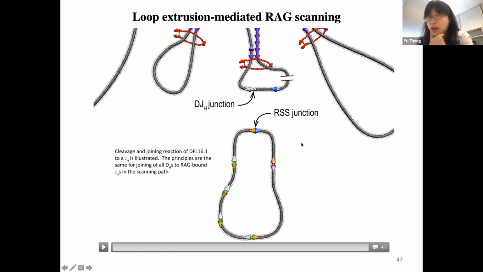For example, if you have a defect in cohesin or its regulators, then it will be highly related. Yeah, it's not just RAG, it's a lot of the other proteins and molecules involved in the recombination and extrusion, I guess. So, yeah.